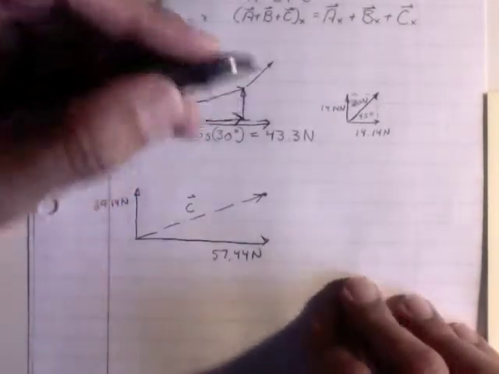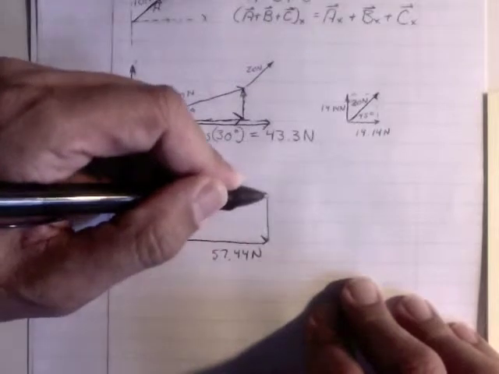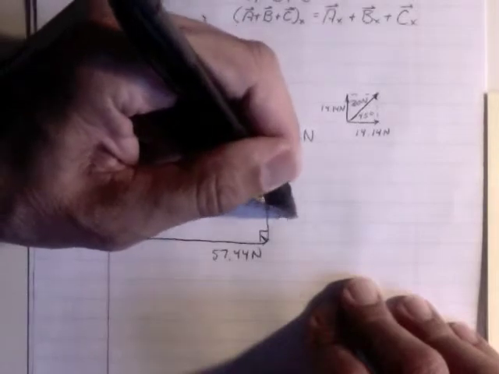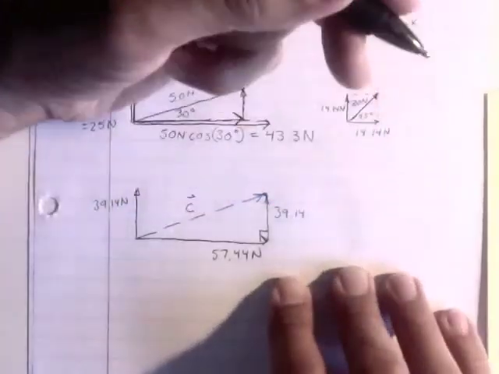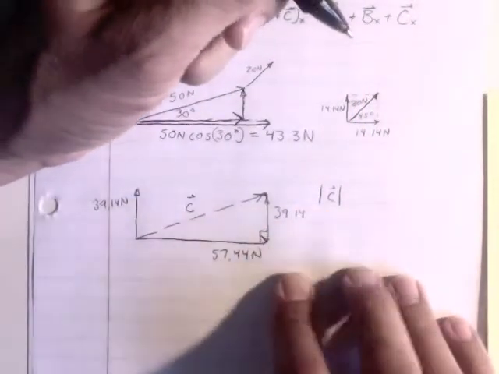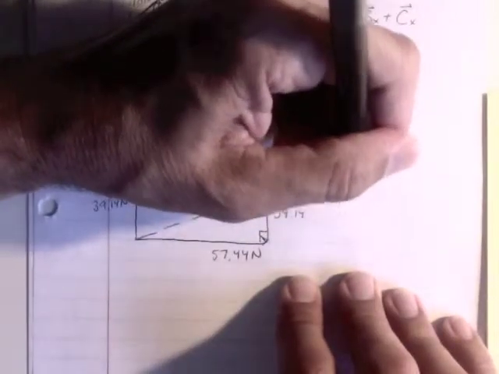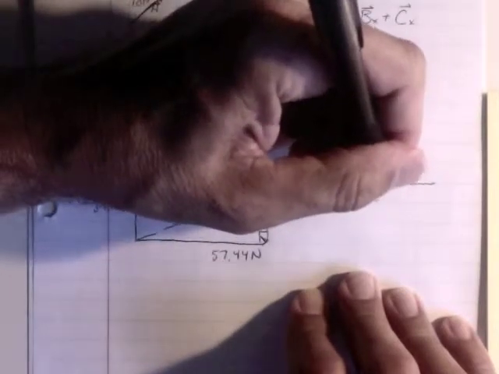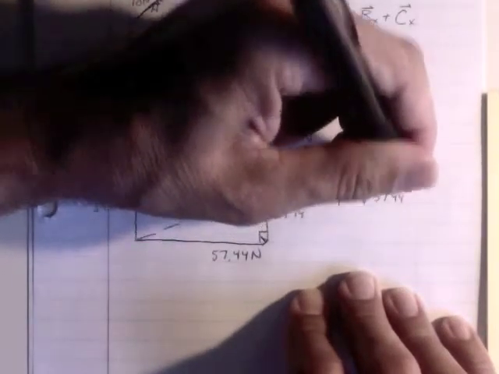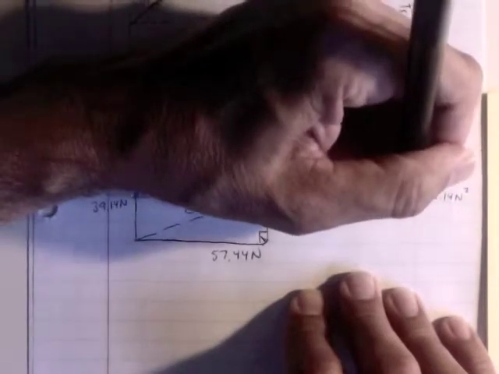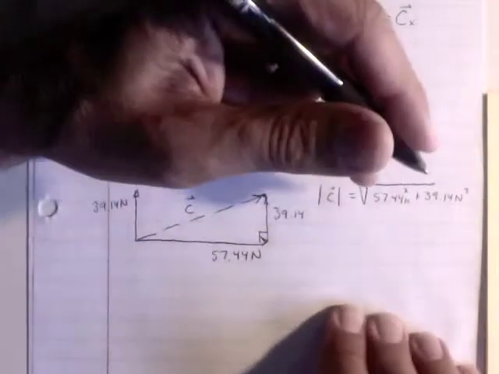To find this, once again, this just makes a right angle. 57.44, 39.14. And so the magnitude of C, the size of C, and we write that like this, magnitude of C, just like the absolute value sign, is just going to be the square root of 57.44 squared plus 39.14 squared newtons.